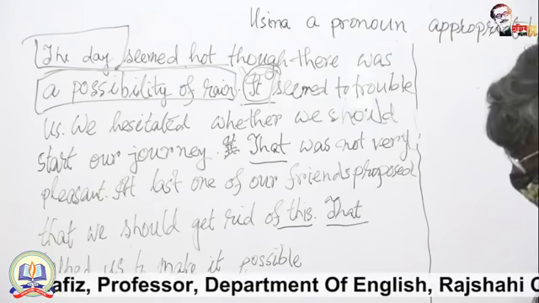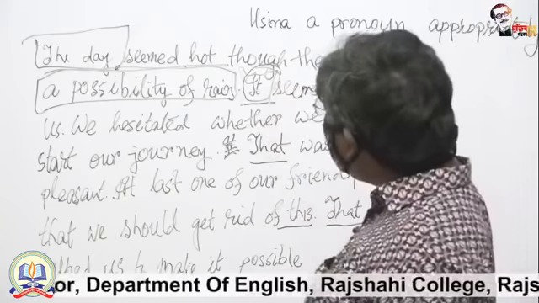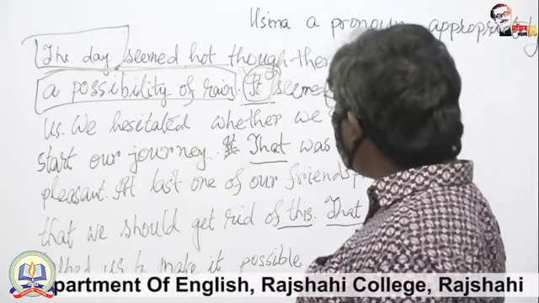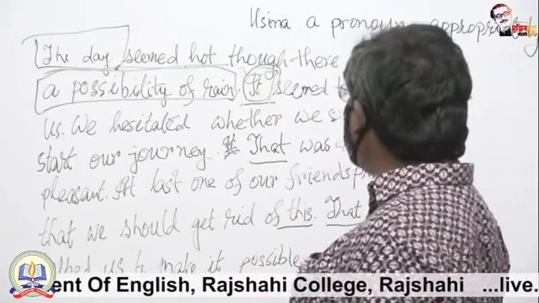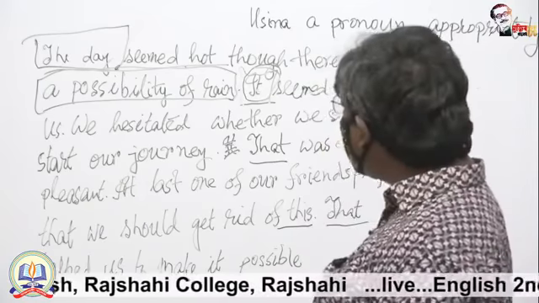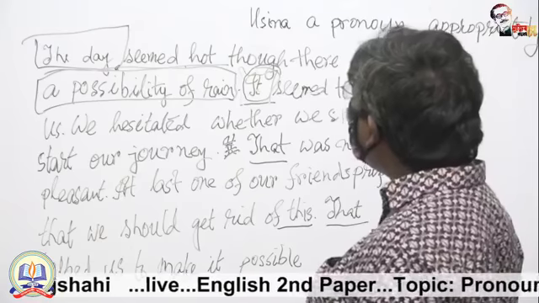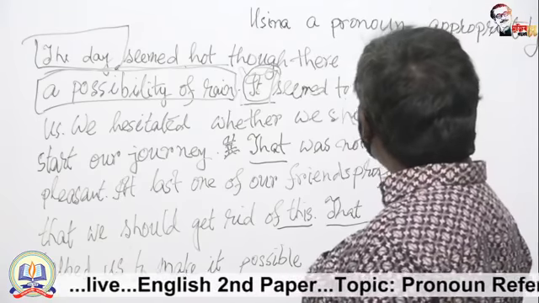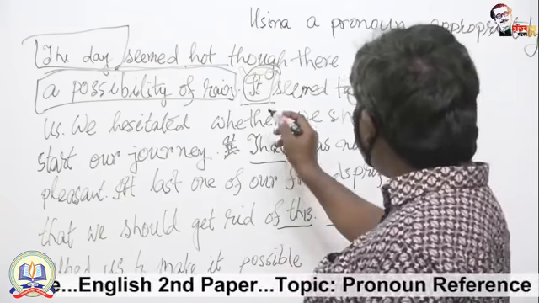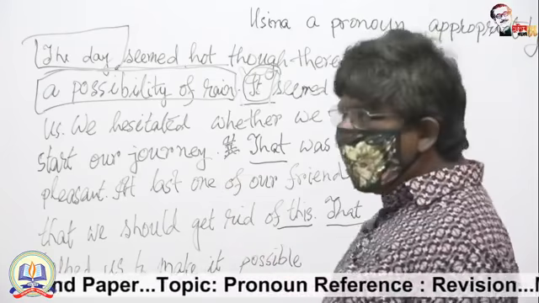And now it means the day or a possibility of rain. Which one do you think? If you read the previous sentence carefully, though the day seemed hot, though there was a possibility of rain, it seemed to trouble us.